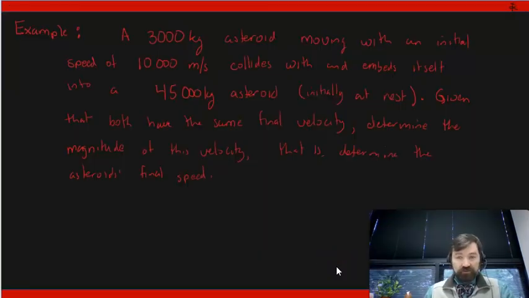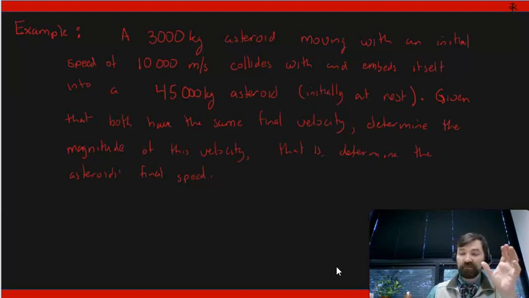All right, so I have a somewhat quick example for conservation of linear momentum. We have a 3,000 kilogram asteroid and a 45,000 kilogram asteroid. The larger asteroid is initially at rest. Put differently, we're viewing all this from the inertial frame of the larger asteroid before the collision. So maybe we're in a spaceship or a probe hovering near the second asteroid and totally matched to its velocity, so it looks like it has 0 velocity.